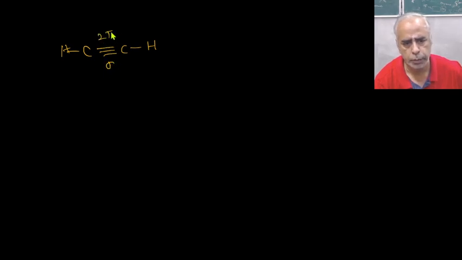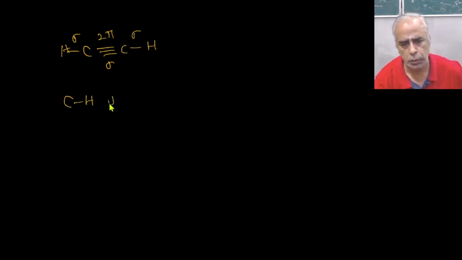Here we have CH triple bond CH. So you have 1 sigma bond and 2 pi bonds.